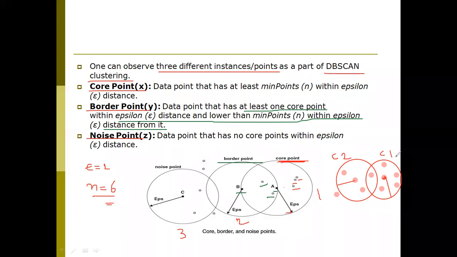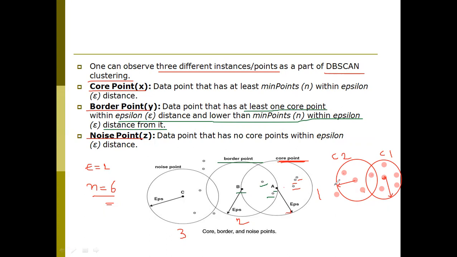So automatically C1 is called a core cluster or core point. Coming to C2, C2 has only 4 data points, isn't it? 1, 2, 3, 4. As per the condition, it does not come under a core data point, which means core cluster. C2 is not a core cluster.